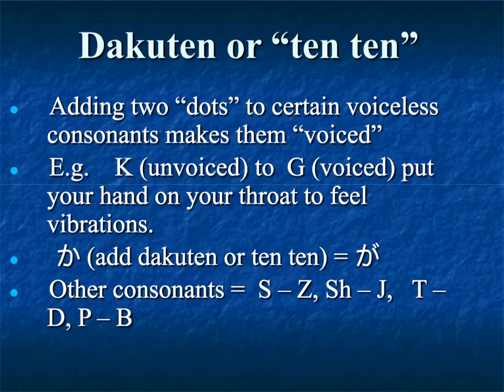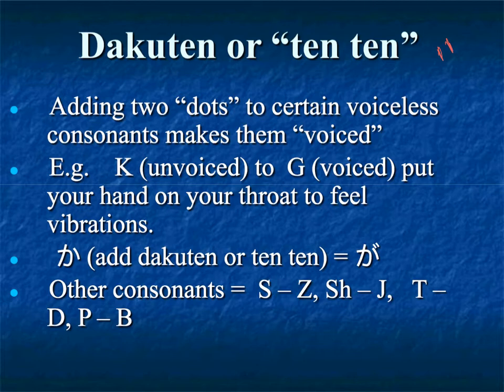Okay, so one thing that you can do to different characters is you can add what's called dakuten or ten-ten. So when I say ten-ten, what I mean is just these 2 strokes right here. Just looks like that. We call them dots in English, but they're really little strokes. So they're added to certain characters to make those characters voiced.